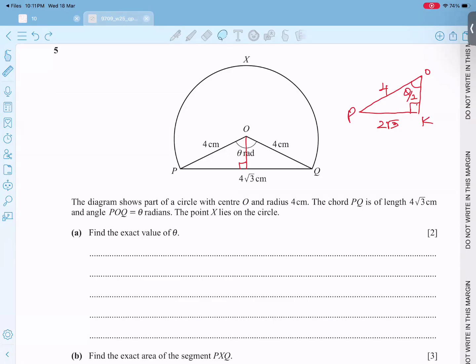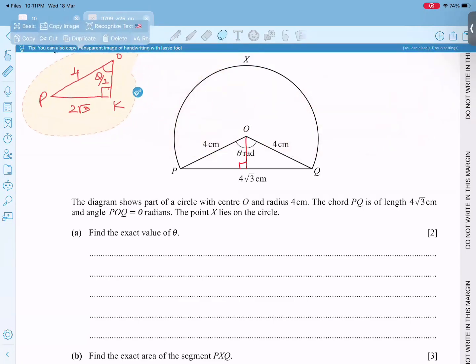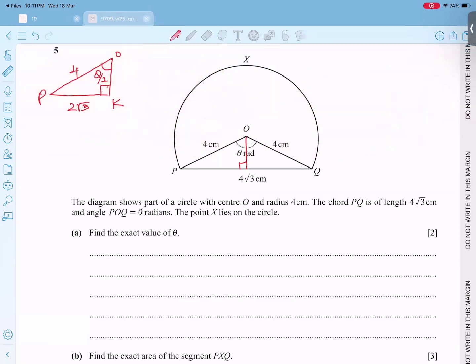Now, according to the situation, students, I'm looking for an angle. In front of the angle is opposite, in front of 90 is called hypotenuse. So opposite by hypotenuse is sine theta. So sine theta is equal to opposite by hypotenuse.